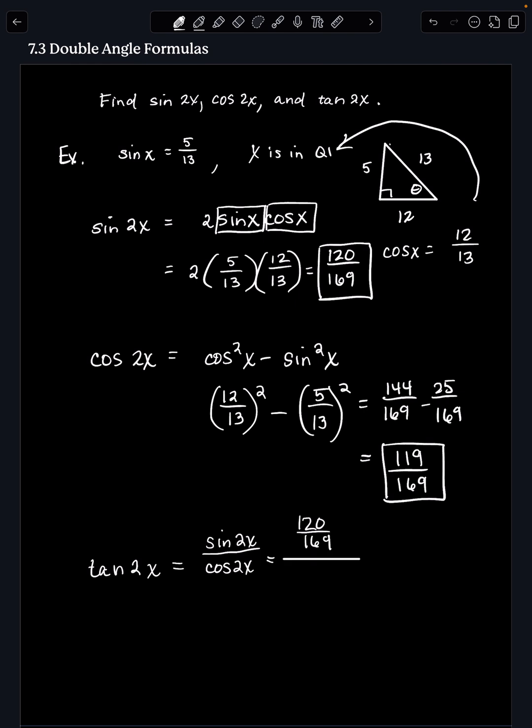For cosine, it was 119 over 169. So I'm going to multiply by the reciprocal, see that those denominators cancel out, and I'm left with 120 over 119. Okay, so that's that one.